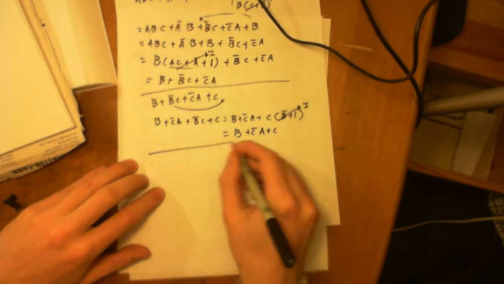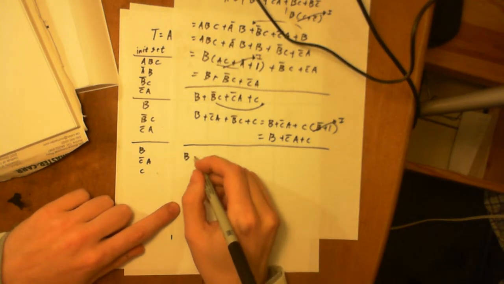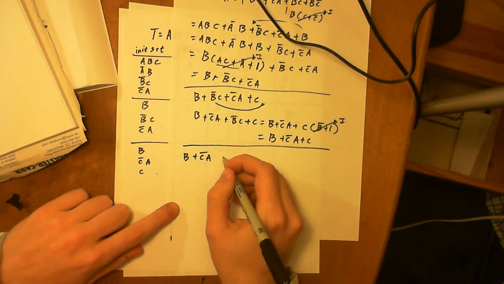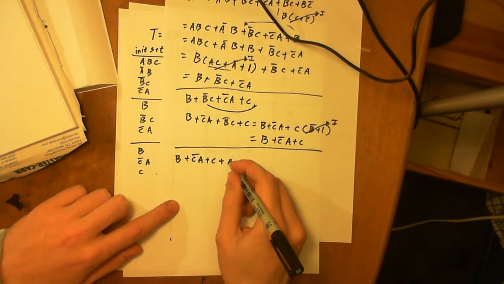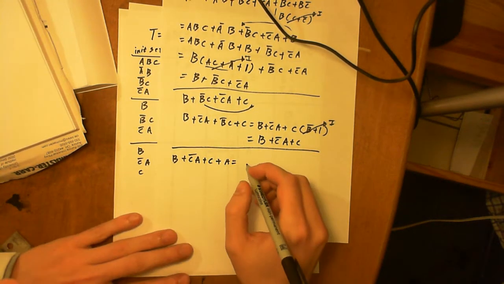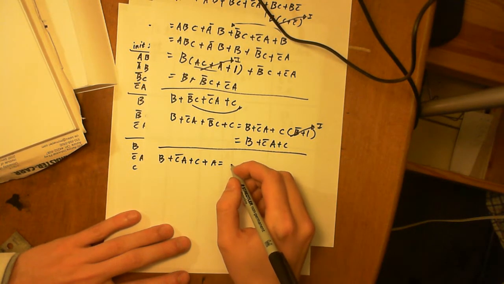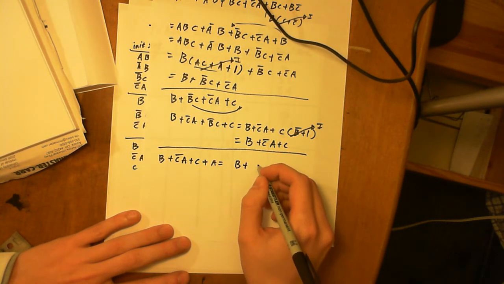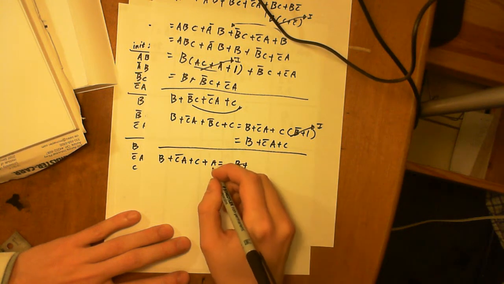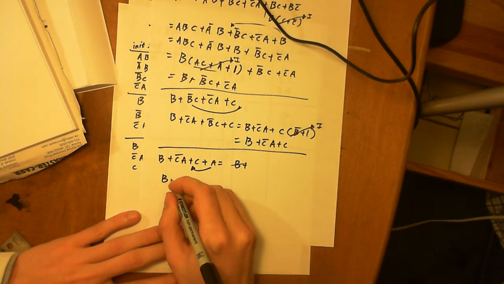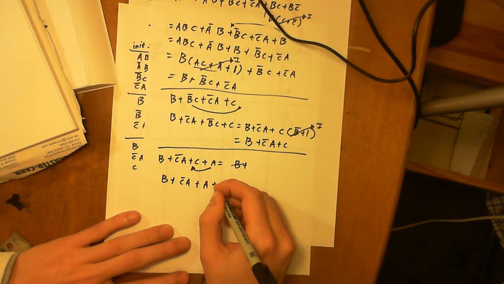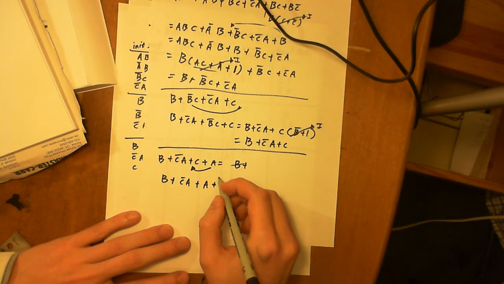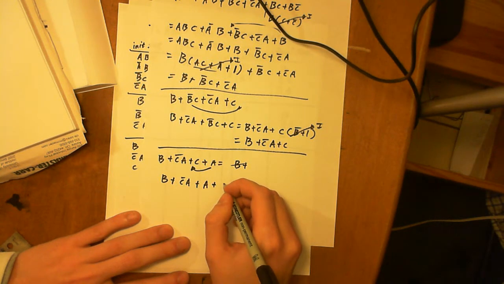So we'll finish this off by doing the union of B, C bar A, and C, and A. And we just simplify this algebraically, and we get B, or let's see, yeah, I'll move this term over here, and I get B plus C bar A plus A plus C. Yeah, that's right.